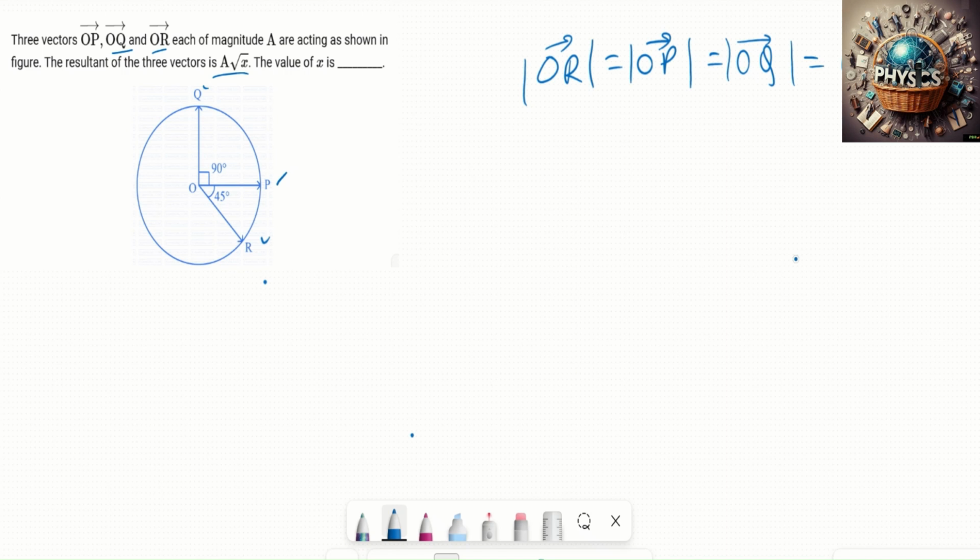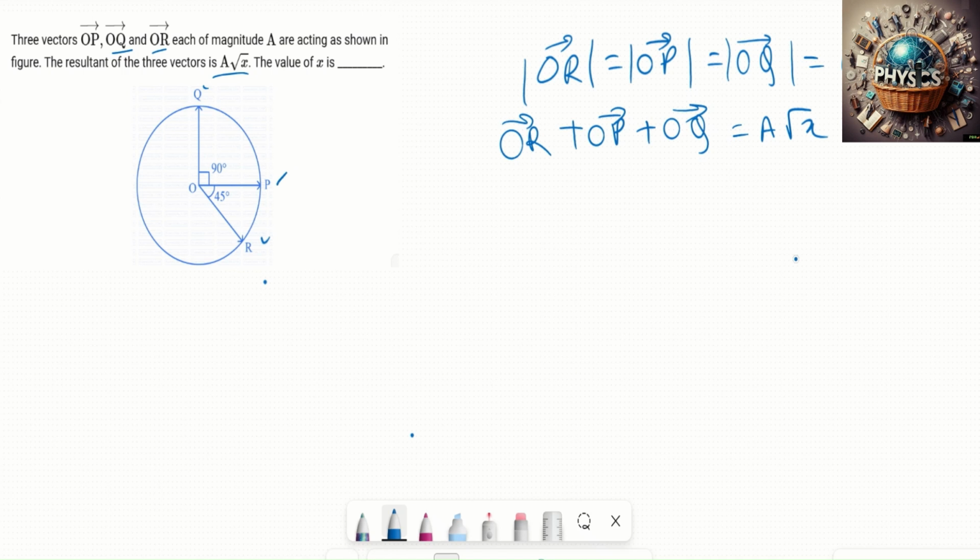And then it says that the resultant of these vectors is equal to A root x. So OR plus OP plus OQ is equal to A root x. This is given.